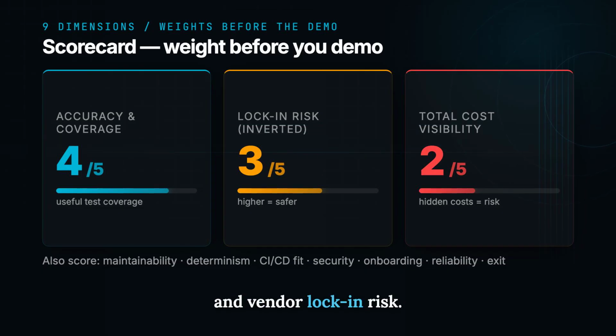Exportability and vendor lock-in risk. Required skills, onboarding time, and accessibility for non-code contributors. Total cost including license, compute, token usage, human review overhead, and migration. And finally, vendor reliability, support quality, and the feasibility of an exit plan. Weights set before the demo prevent the presenter from weighting whichever metric their tool happens to win.